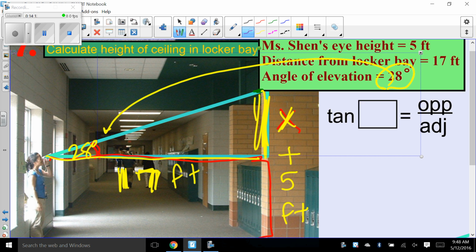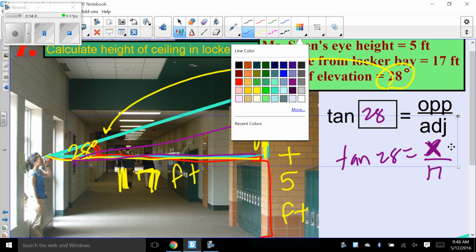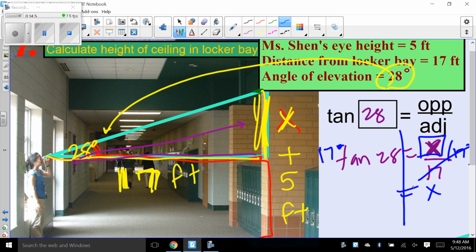So if we do some good math here, the tangent of 28 degrees is equal to the opposite of the acute angle, x, divided by the adjacent, which means it's touching, at 17. Hand method kicks in. We're going to solve for the variable x. We multiply by 17, copy, paste. Those cancel, so x equals 17 multiplied by the tangent of 28.